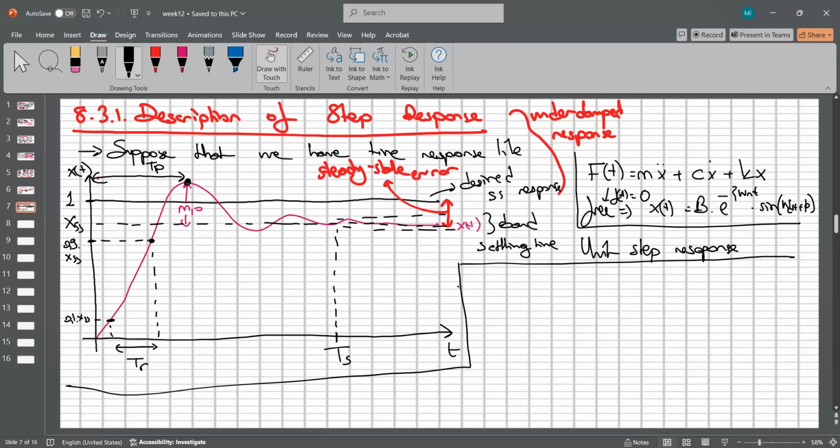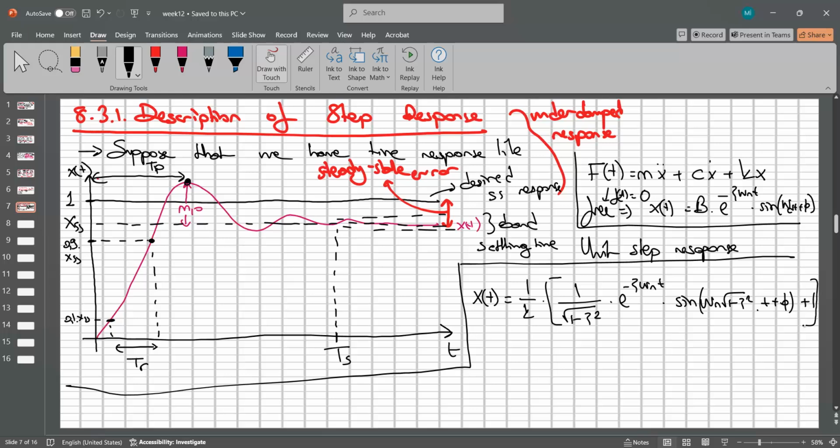The solution of this x(t) can be written as the what? 1 divided by k times 1 divided by square root of 1 minus zeta square times e to the minus zeta wn t times sin of the damped frequency wn times square root of 1 minus zeta square times t plus phi, plus 1.